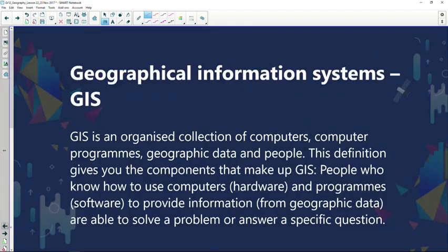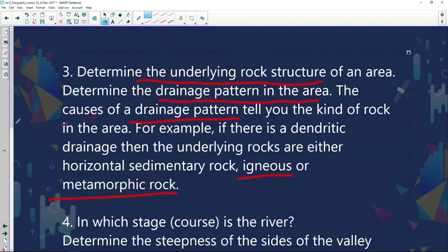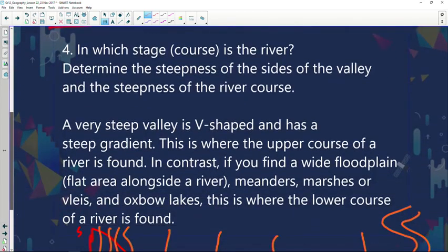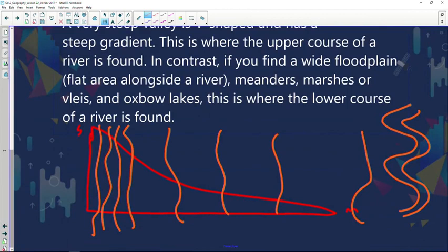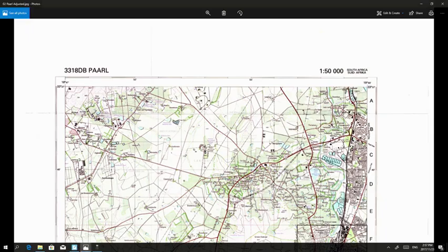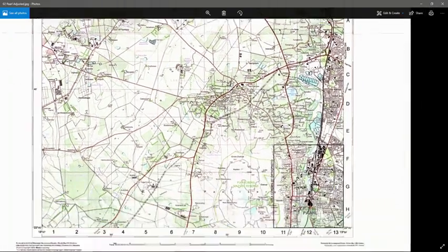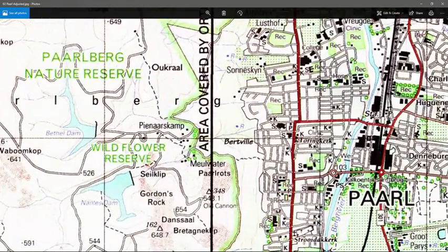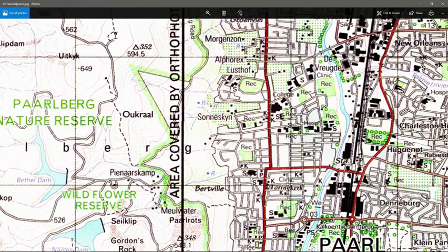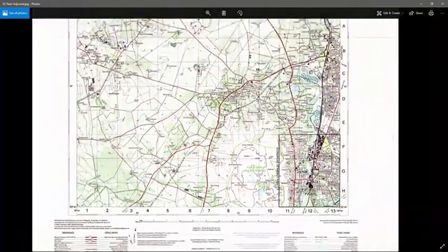Now, before I continue with the geographical information system, there's one section that is not in your textbook, but I want to discuss with you: the settlement issues. How are you able to identify settlement on a topographical map? Now, as you can see, the map of Paarl.